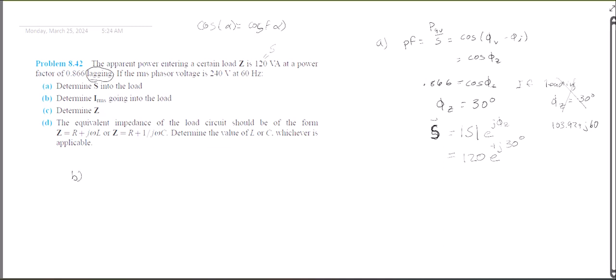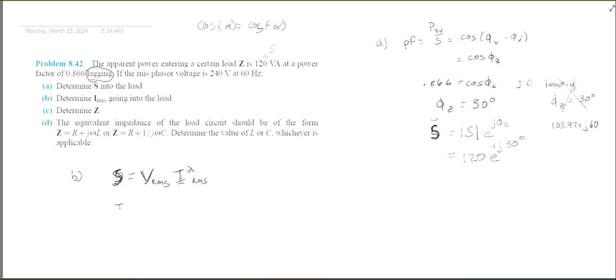Okay, now for B, to determine I RMS going into the load, notice that that is not just the magnitude. We also need to get the angle to go with it. We know that complex power, if we're using RMS, equals V RMS I conjugate RMS.